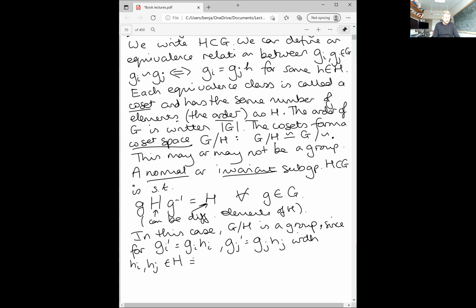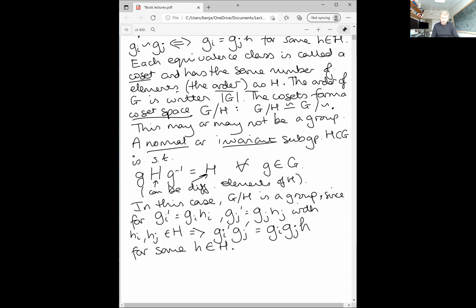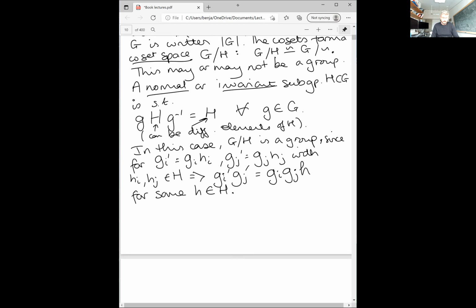So what this means is that g_i prime g_j prime is equal to g_i g_j times h for some element h in the subgroup. So there's a one-line proof of working that you can do yourselves as a small exercise to prove that.